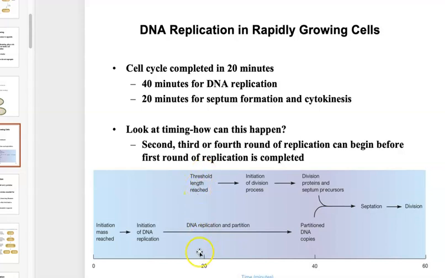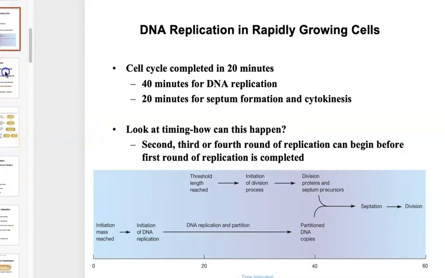But that's already here. All this stuff has happened already. And so that's how DNA replication catches up to cytokinesis. And so there's an initiation of the division process whereby certain proteins assemble at the division plane, and then the septum forms, the chromosomes start to be partitioned, and then you get septation and division into two daughter cells.